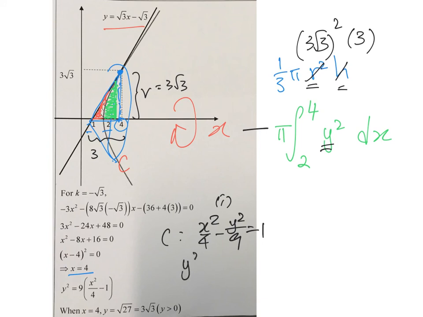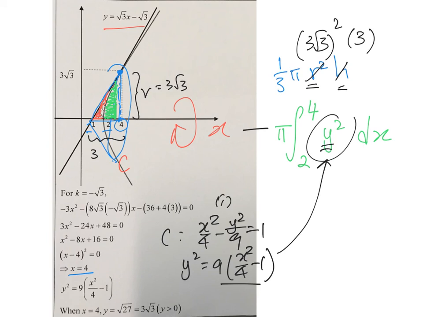So do some rearrangement. Your y squared is actually 9 times (x squared over 4 minus 1). Okay, and this is quite nice because this is already in the form of y squared, and then you can plug this into the definite integral formula. Okay, and then we are done.